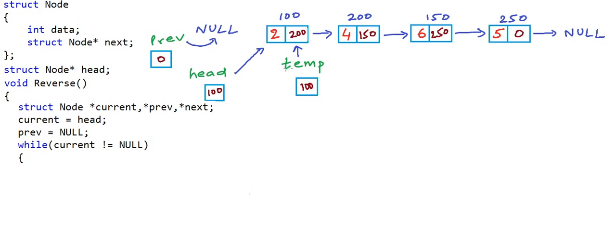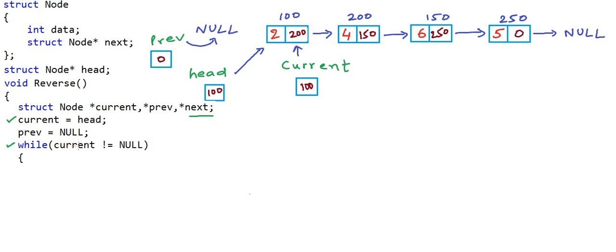First of all, I want to name this particular variable temp as current to mean that this is the current node at any stage in my iteration. So we initially set current to head, and then we are running the loop as while current is not equal to null. And then I have also declared one more temporary pointer variable named next.